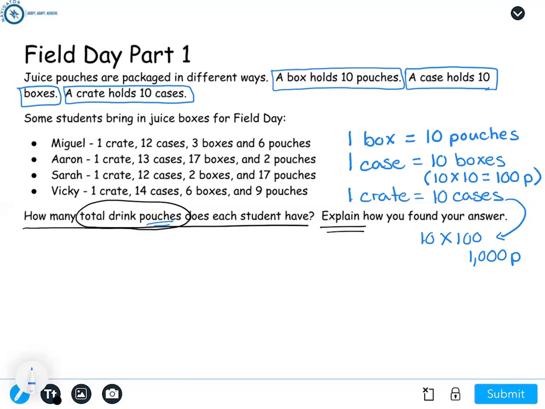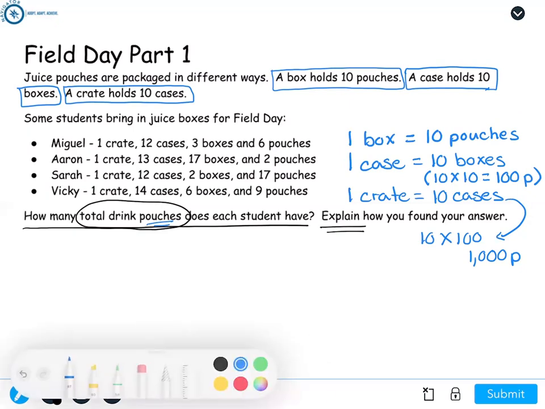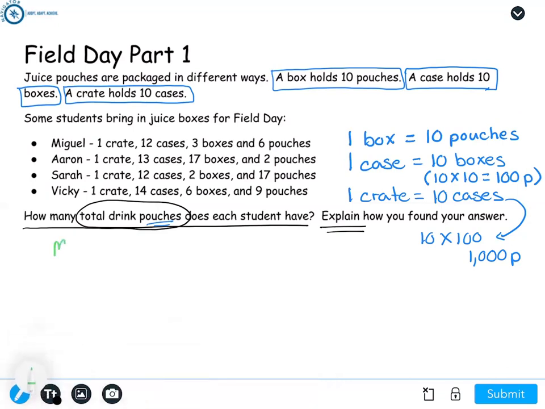Great job. Now let's use this information and see if we can figure out how many total drink pouches each student has. Let's start with Miguel. Miguel has one crate. And we noticed over here that one crate is equal to 1,000 pouches. So he has 1,000. Plus, he has 12 cases.